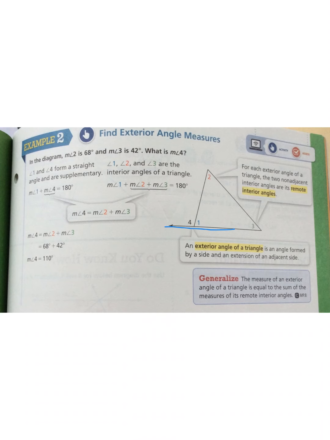We have something called our remote interior angles. Those are the ones that are not touching the same side as where that exterior angle is. If they tell us that angle 2 is 68 degrees, and angle 3 is 42 degrees, we can easily find angle 1, and we can easily find angle 4.